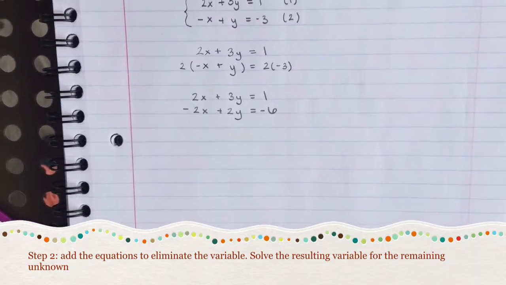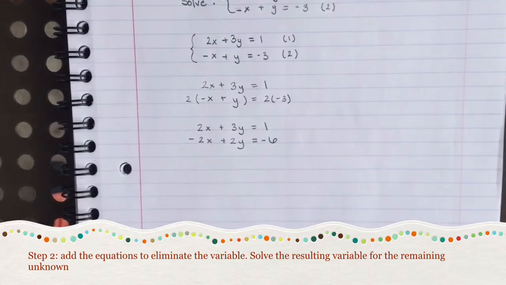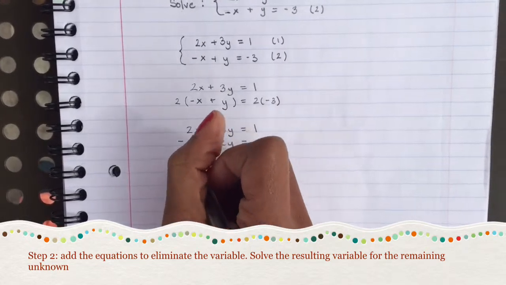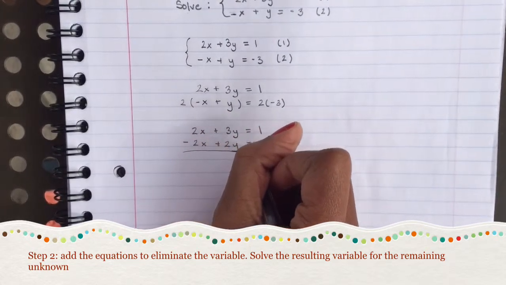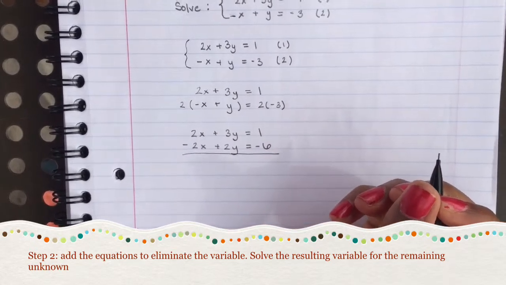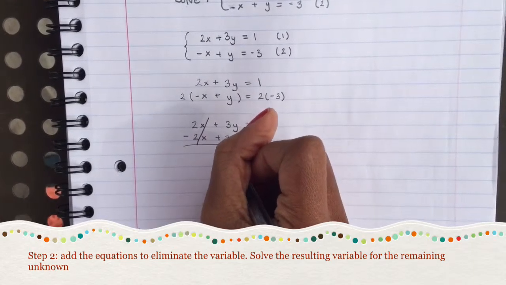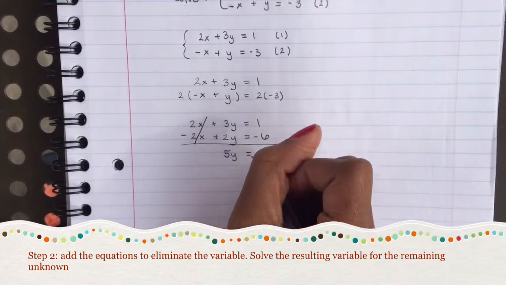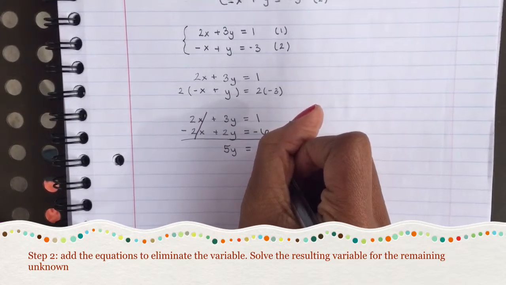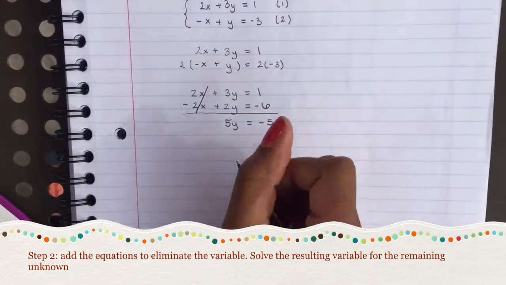The negative 2x and the 2x cancel, and 3y plus 2y equals 5y, and negative 6 plus 1 equals negative 5. Then we divide by 5 on both sides to get y alone, and we get that y equals negative 1.